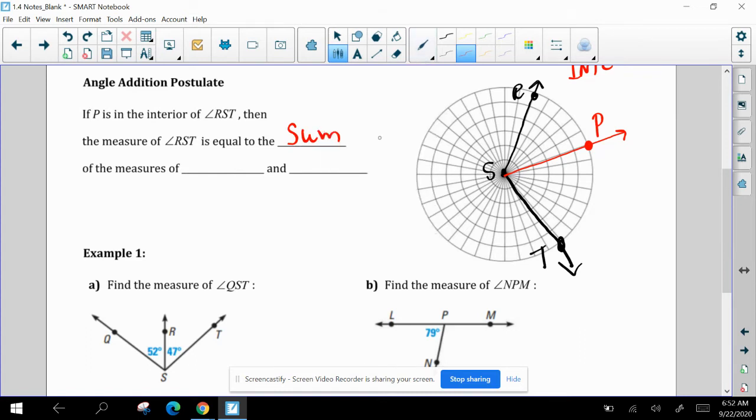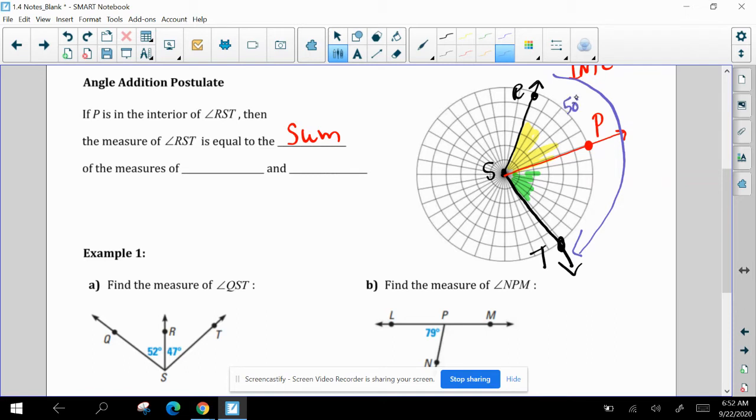What they're basically saying is that if you want to know how many degrees it took you to travel from this ray to this ray, right? Because that's going to be the measure of that angle. What you would need to do is figure out how many degrees it took you from point R to P, right? So it's 1, 2, 3, 4, 5.